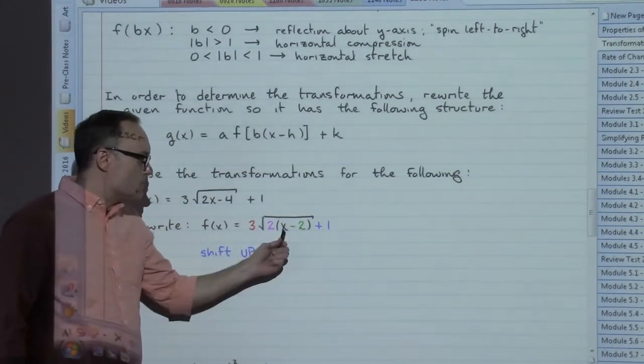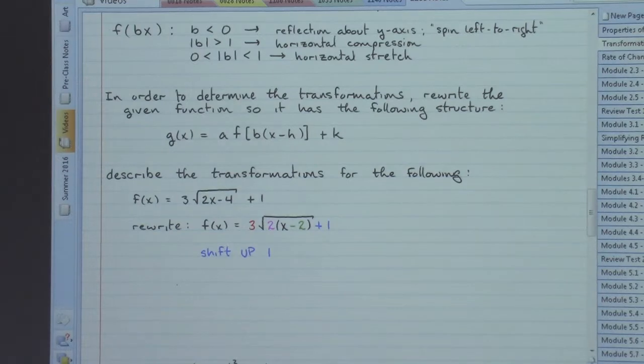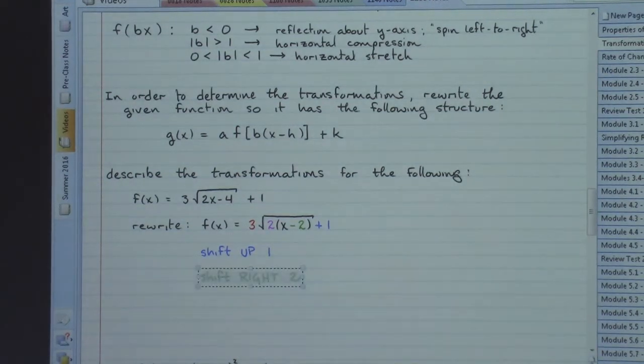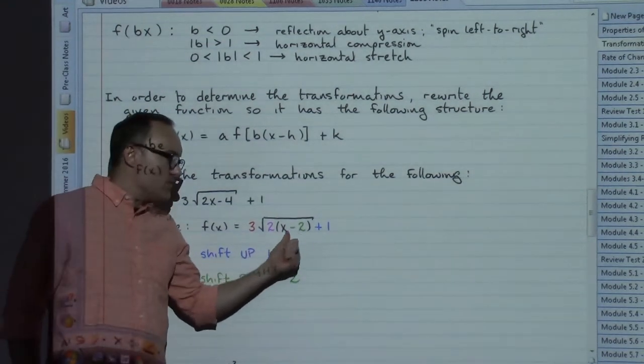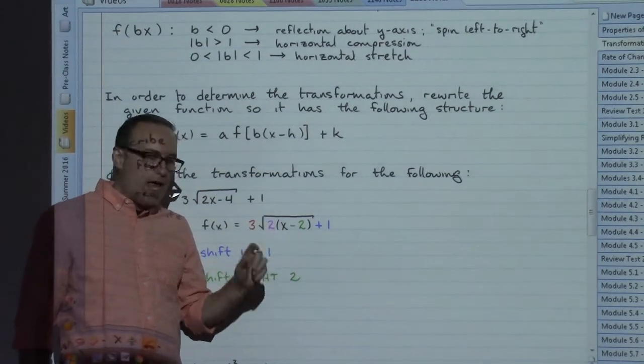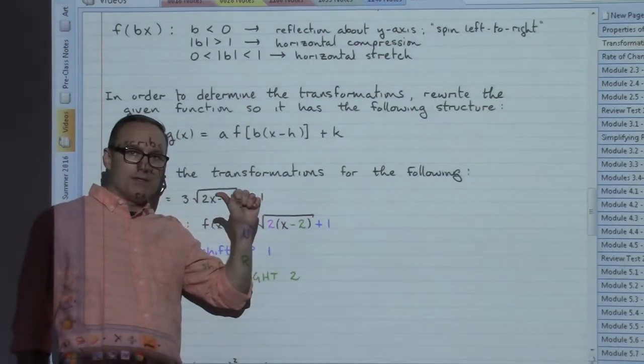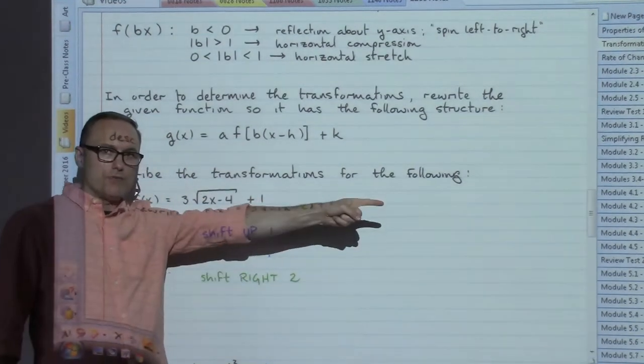Inside those parentheses, we get the x followed by the minus 2. Because we've got the x followed by the minus 2, that means that we've got a shift right 2. We have to remember that any of the stuff that is directly tied in with the x has that kind of switcheroo sort of thing happening. So, oh, a minus, that's not left. Switcheroo, that's to the right.